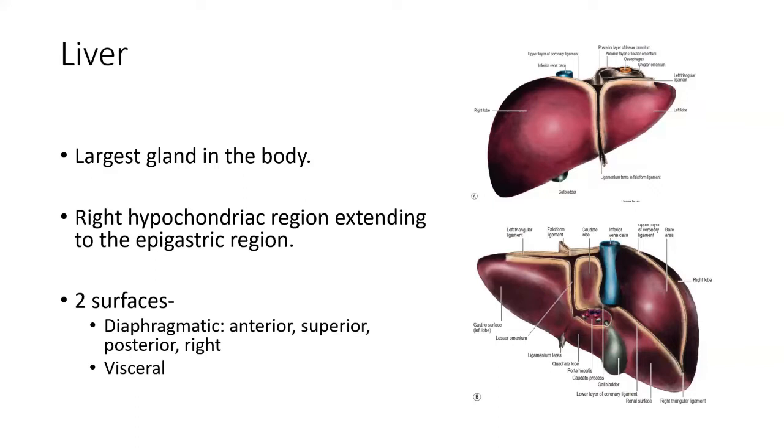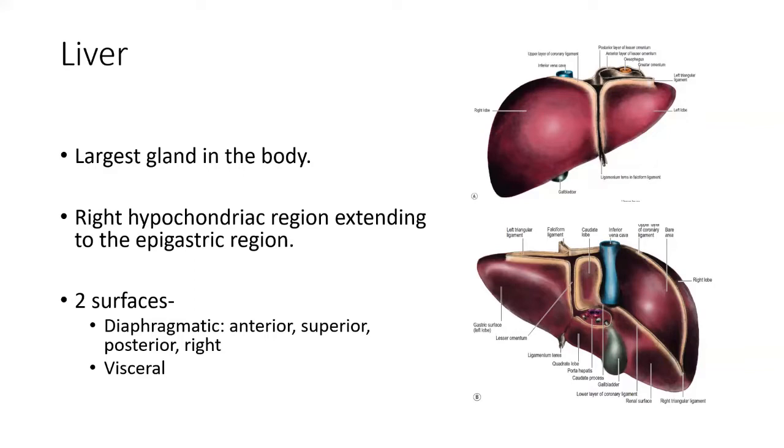Then when you take the liver, there are two surfaces, the diaphragmatic surface and the visceral surface. The diaphragmatic surface is the outer surface and is in contact with the diaphragm mainly. And the visceral surface is in contact with the internal organs. The diaphragmatic surface is further divided into four surfaces.